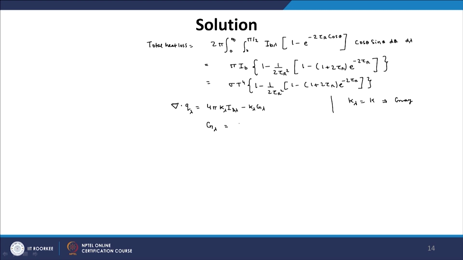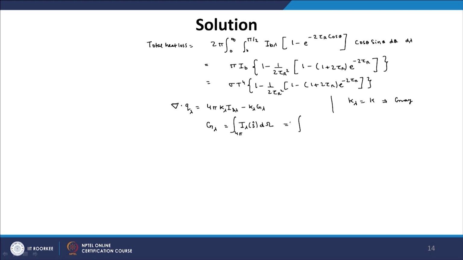lambda, which is equal to the intensity in a given direction integrated over all the solid angles. So, we can write d omega as sin theta d theta d psi and then integrate over the solid angle.